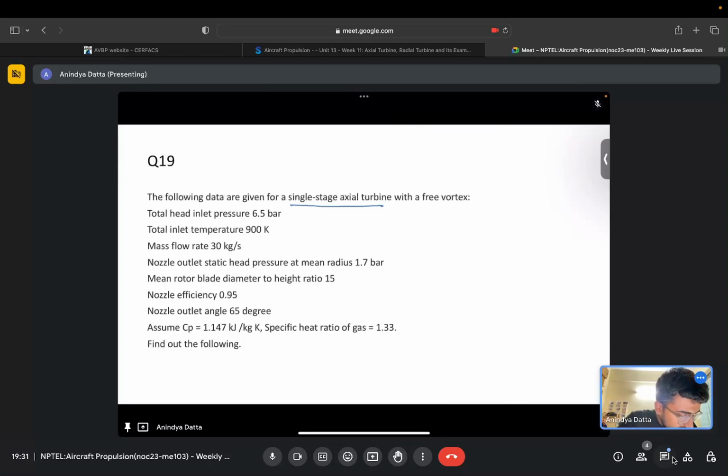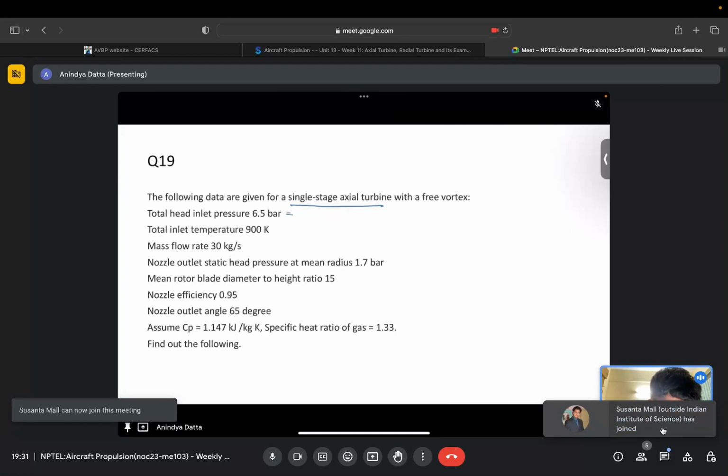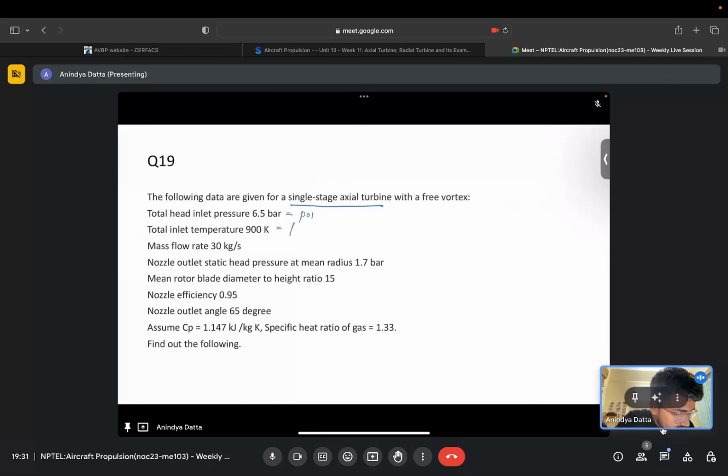The total inlet pressure is 6.5 bar, so this is P01. The total inlet temperature is 900 Kelvin, so this is T01. The mass flow rate is 30 kg per second, so this is m dot. The nozzle outlet static pressure at mean radius is 1.7 bar.